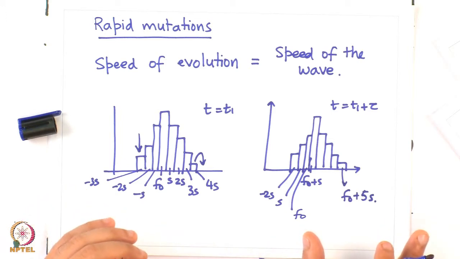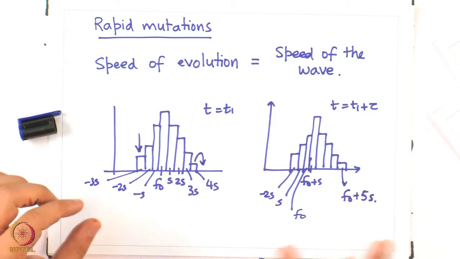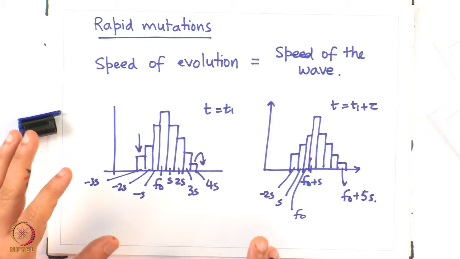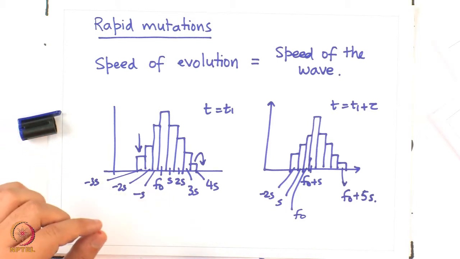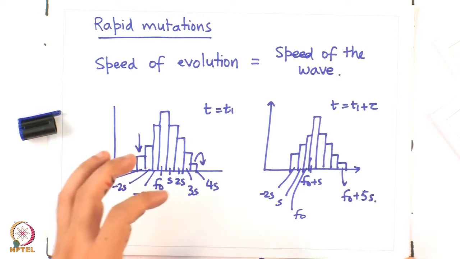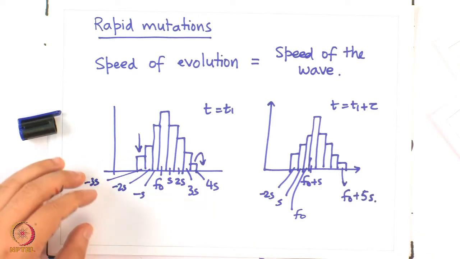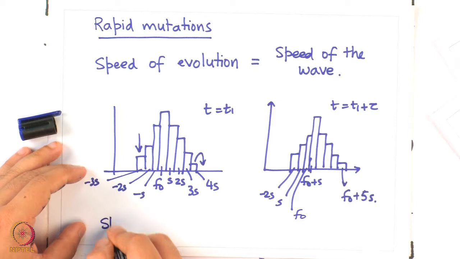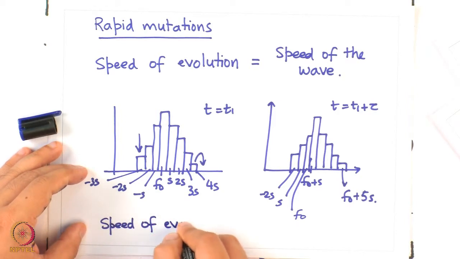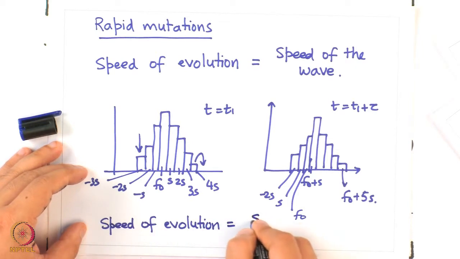We can think about this in simpler terms, that it's almost equivalent to think that every individual in the population has jumped s units in fitness in this time tau. So speed of evolution in a setting like this is just equal to s divided by tau.